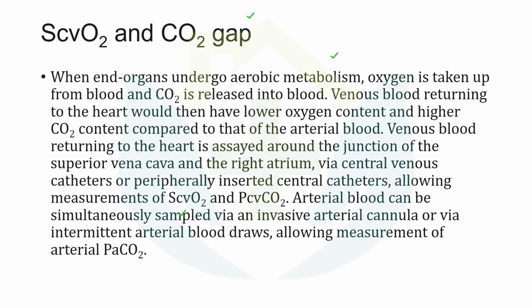And the SO2 in that sample is ScvO2, the saturation of oxygen in the central venous sample. Another thing, we have to take an ABG, and we have to look for the PO2 level and PCO2 level in that ABG.